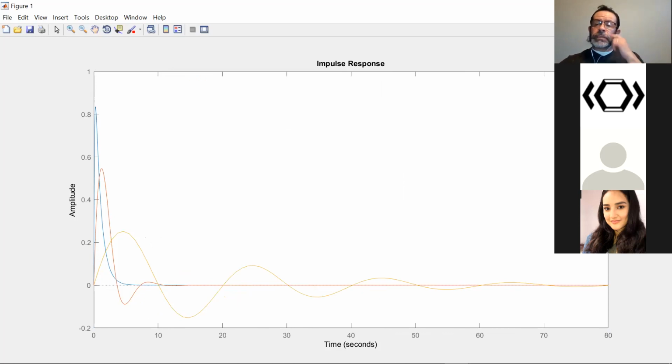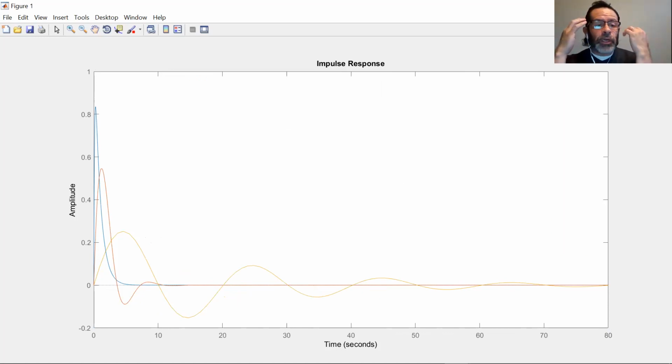Notice the 3 responses. We've got 3 different responses. Which of the 3 is the quicker response? I've got 3 masses. Let's say the light mass, the medium mass, and the heavy mass. In which of the 3 masses does the system respond quicker or faster?